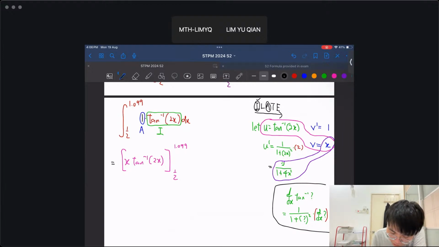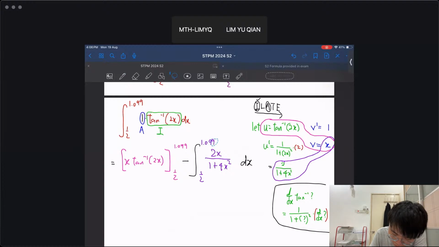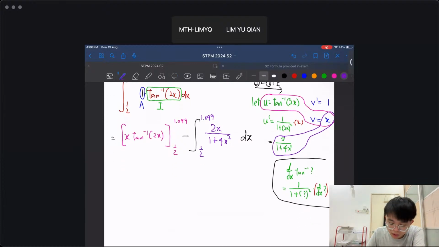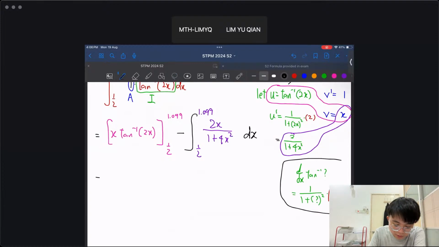So minus the integration of the purple color one, which is 2x over 1 plus 4x squared, from 1 over 2 to 1.099. And then direct substitute 1.099.